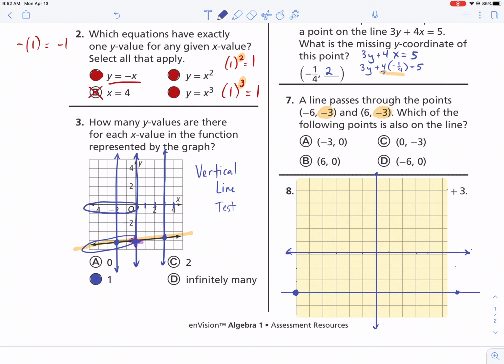It starts with an H and ends with horizontal. We have a horizontal line.